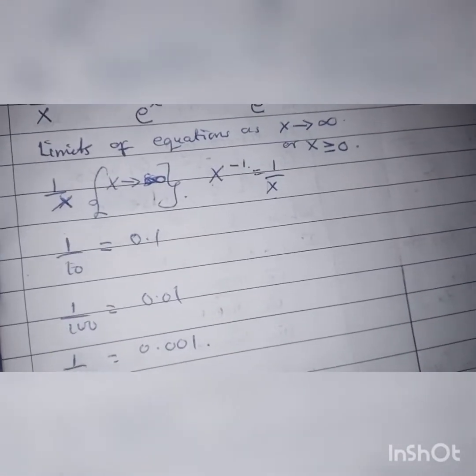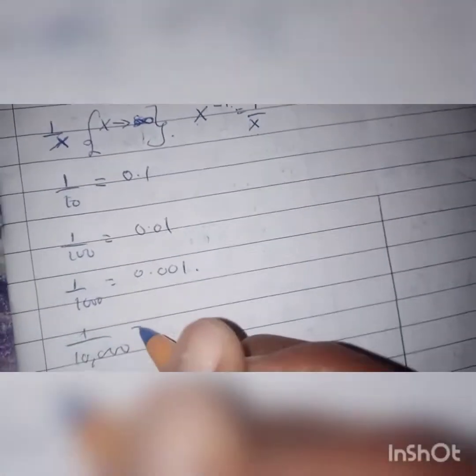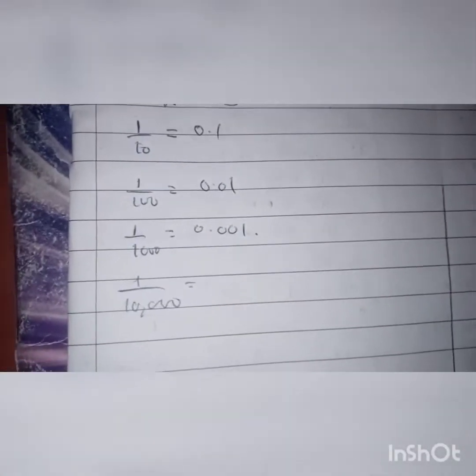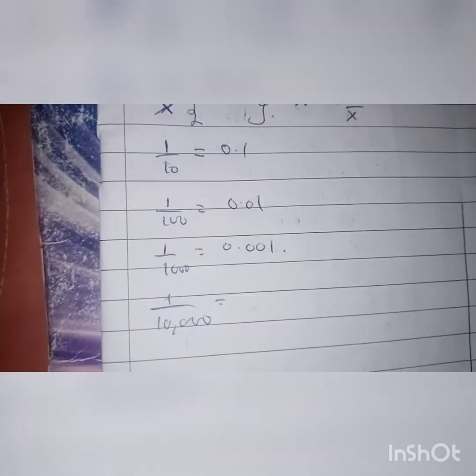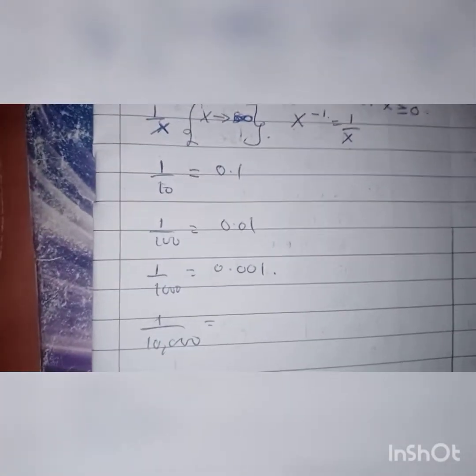Now let's take 1 over 10,000. Let's end up here, and then we will briefly know the limits of that function.